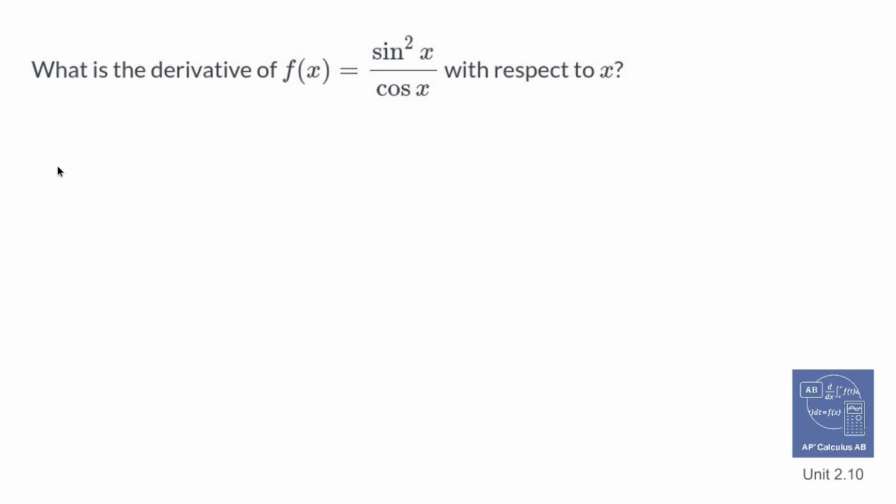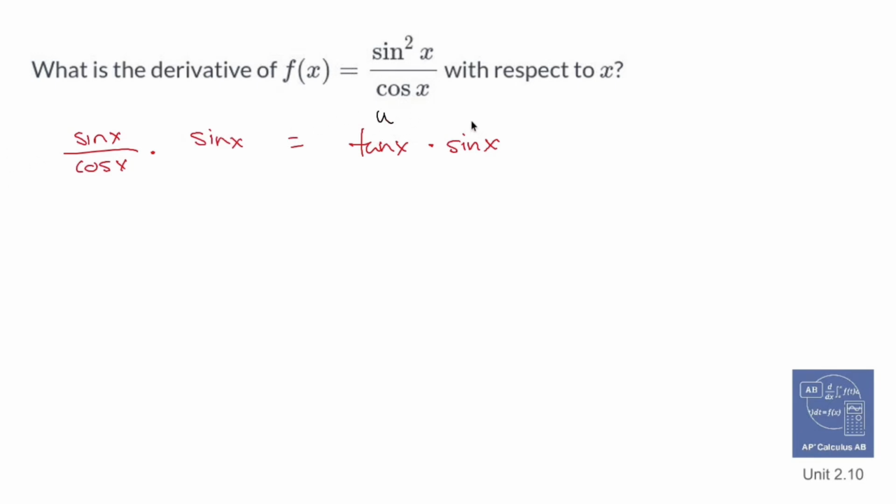I'm going to split this up and make this sine x over cos x times sine x, right? Sine x over cos x is tangent, and sine is just sine. So now I'm going to view this as product rule.